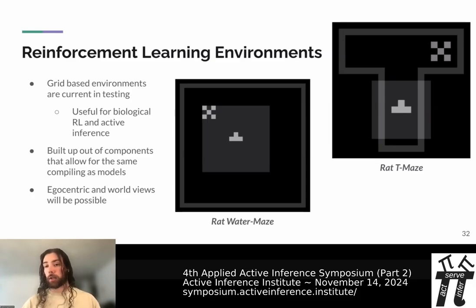I will say right now it is only limited to 2D. Nothing would stop you from using it in 3D. You just might have to see how to visualize it differently. And since it is built up out of components, it is fully compilable.